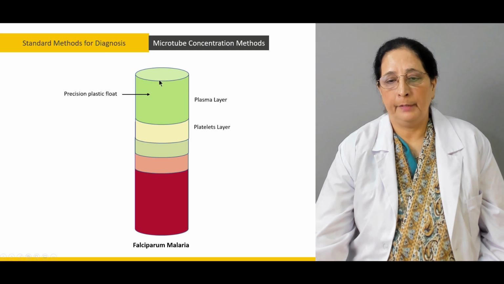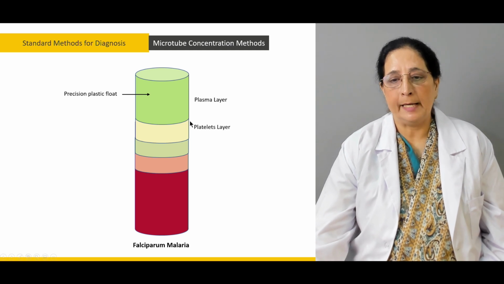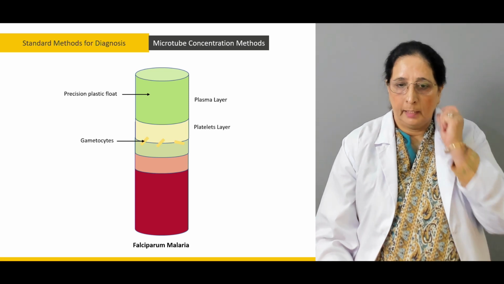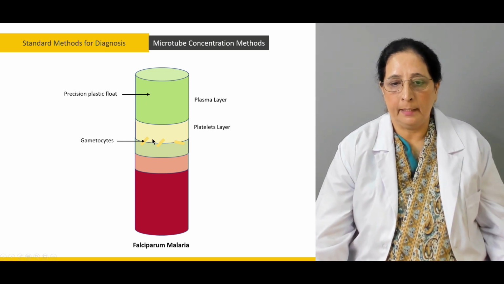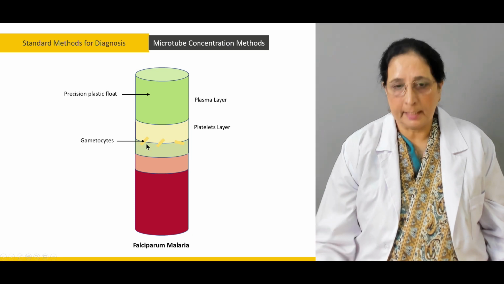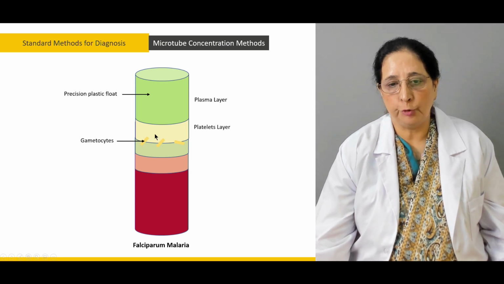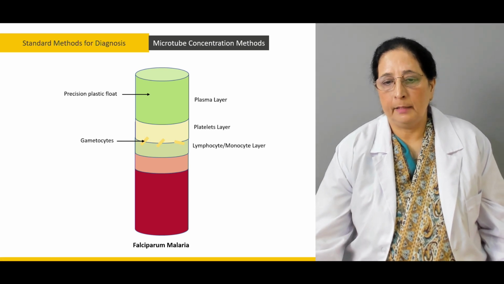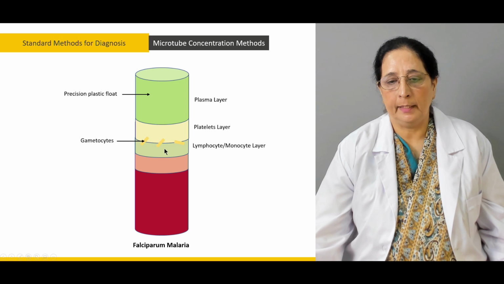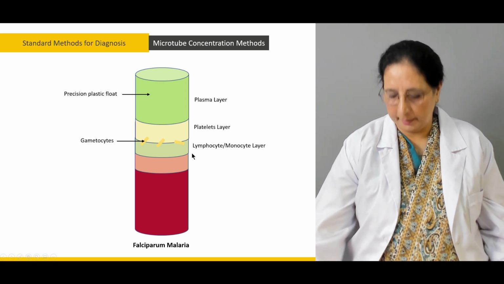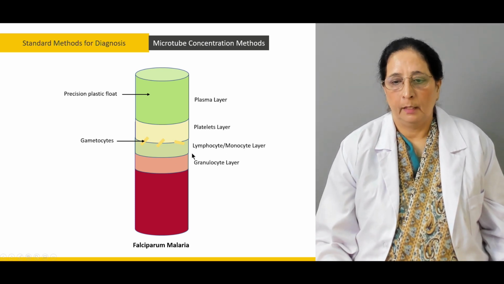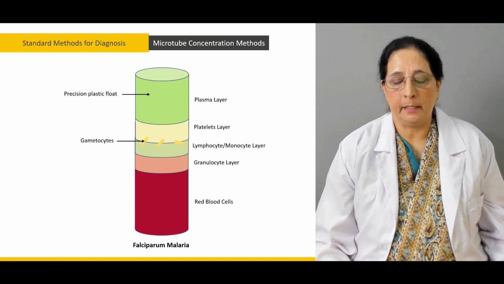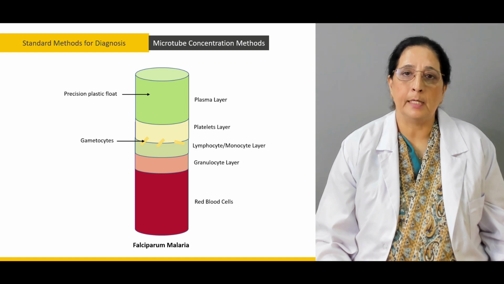Then below the plasma layer, the platelet layer. Below the platelet layer, we can see the gametocytes. Then we have the lymphocyte monocyte layer below that. Below that is the granulocyte layer, and then we have red blood cells.